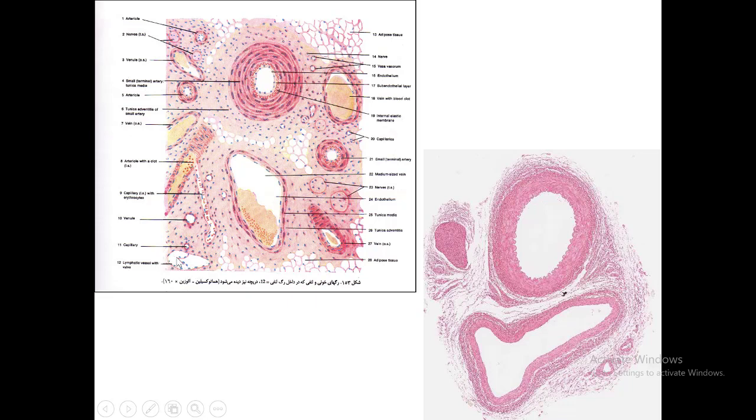Also, you here observe one lymphatic vessel with valves. In the veins and the lymphatic vessels we have valves that are protrusions of intima preventing backflow of blood. Look at the artery at the up and the vein with irregular lumen at the down.